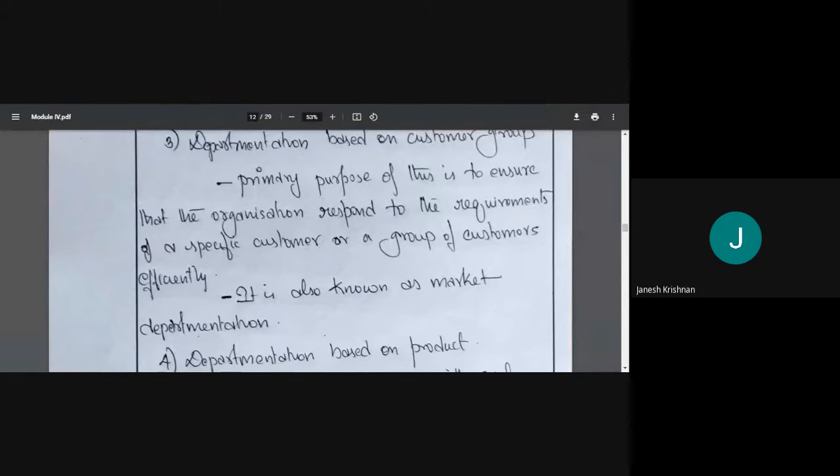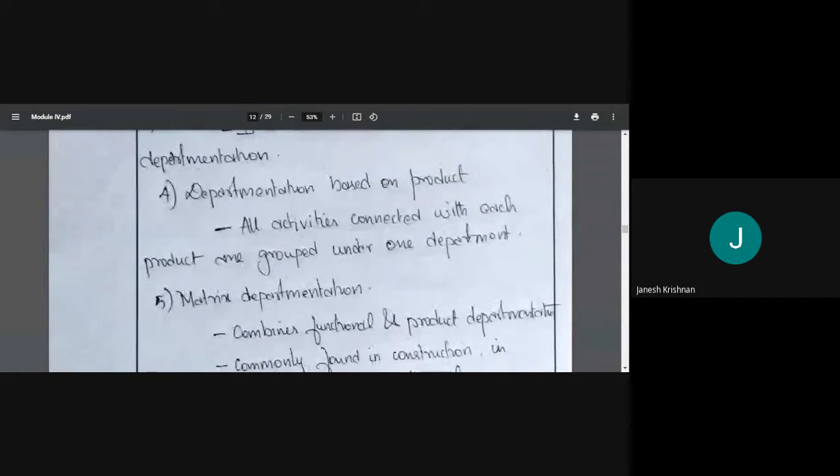Right? Fourth one is based on product. So all activities connected with each product are grouped in one department. Right? So in our company, we have ball pen. So ball pen will have its own production, manufacturing, finance. We have ink pen, similarly. Okay? Or else you can take for example vehicles. If our company is producing 2-wheelers, 3-wheelers, 4-wheelers, and heavy vehicles, so 2-wheelers will have a department.